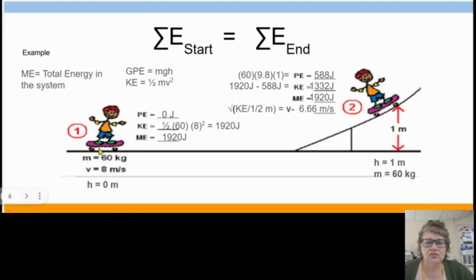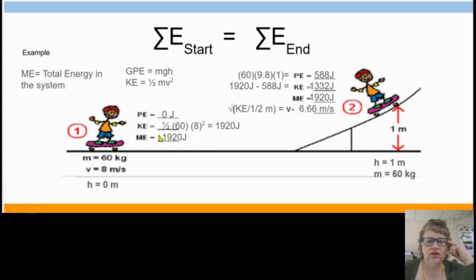They're going to keep going at a constant speed until they get to the hill, and then they're going to go up. They're asking us to find the potential energy, the kinetic energy, and the mechanical energy for each of these situations.